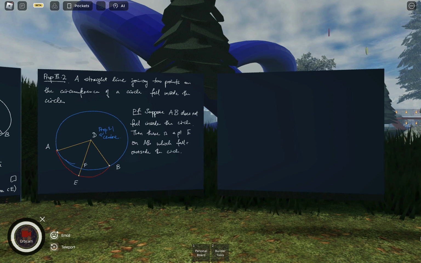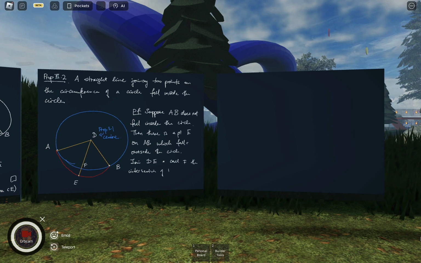Okay, so then I'm just writing down what I constructed over there. So we're going to join D and E and call F the intersection of DE with the circumference of the circle.